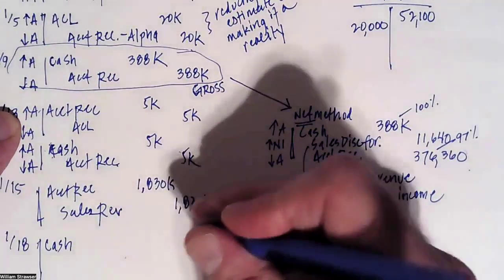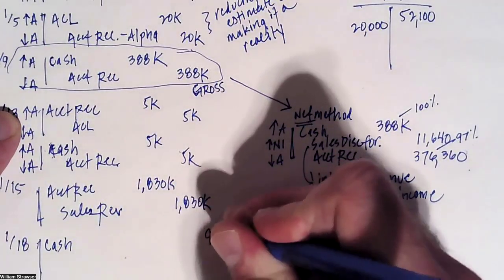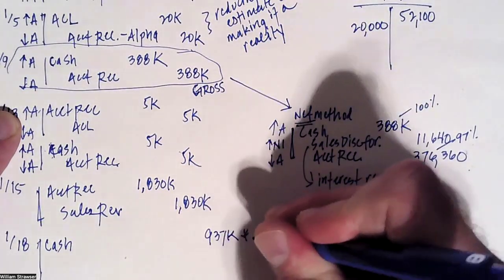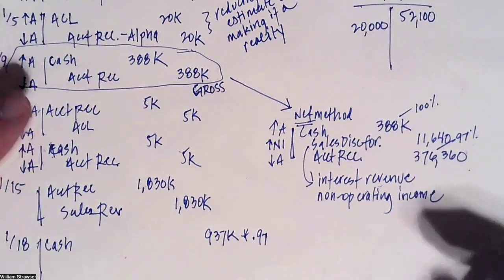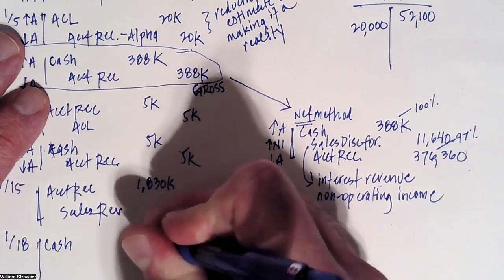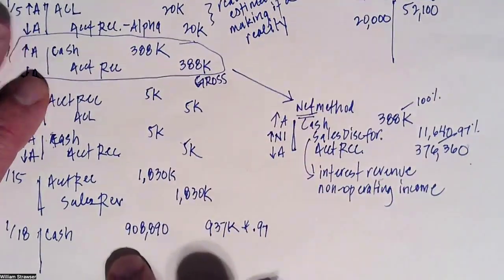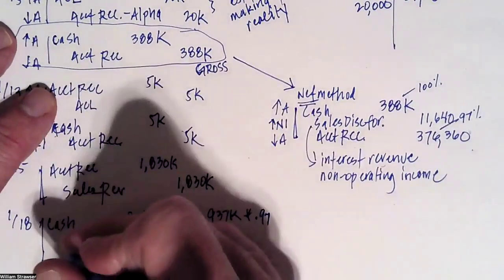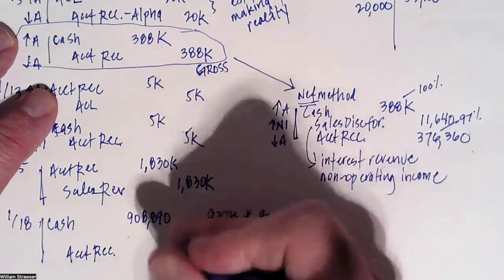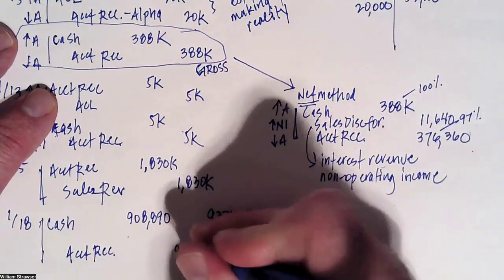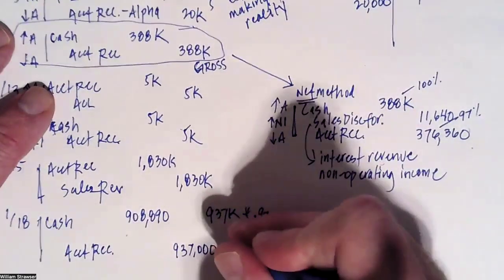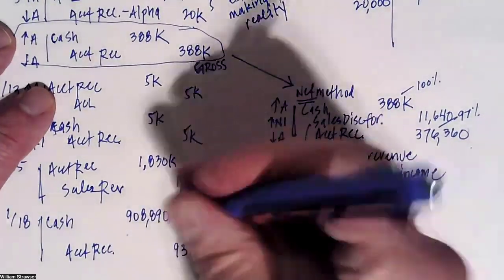So instead of 937,000, I just have to take the net of discount amount for my cash, and that comes to 908,890. And this is collecting from receivables that had a total value of 937,000, their full price. Full price receivables, net of discount cash.